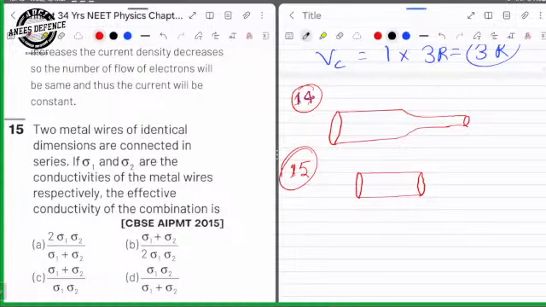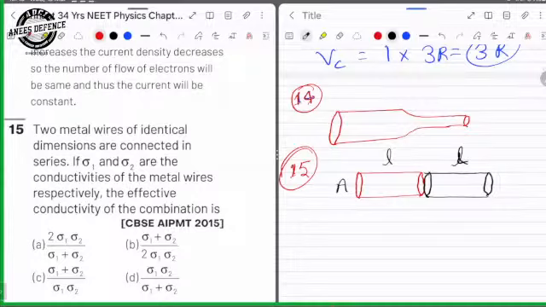As per the first sentence, length is the same, cross section area is the same, but we don't know whether the resistivity of both materials is the same or different. Yes or no? Okay. So next, the second wire has the same cross section area and the same length. So length L and cross section area A.